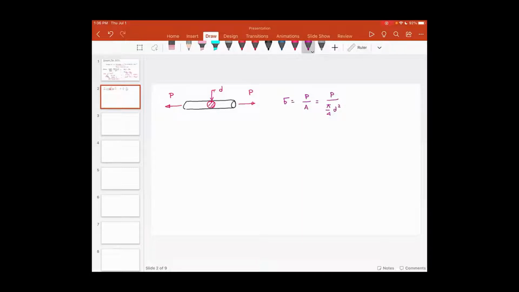Now this P is perpendicular to the area, but this is causing this component to stretch. As you can see, this is being stretched. That's why this is called the tensile stress.